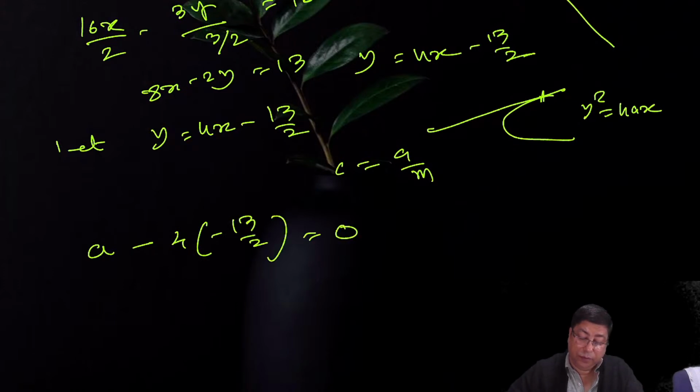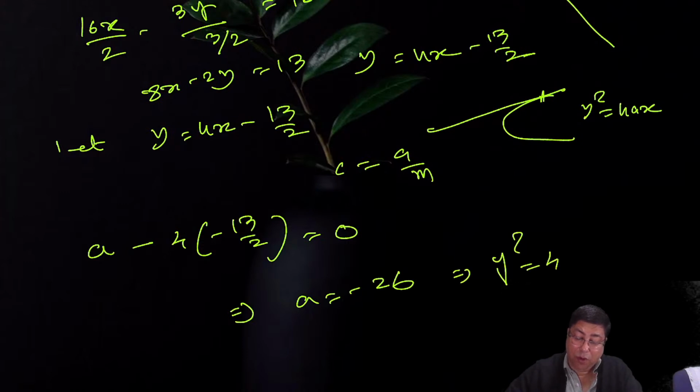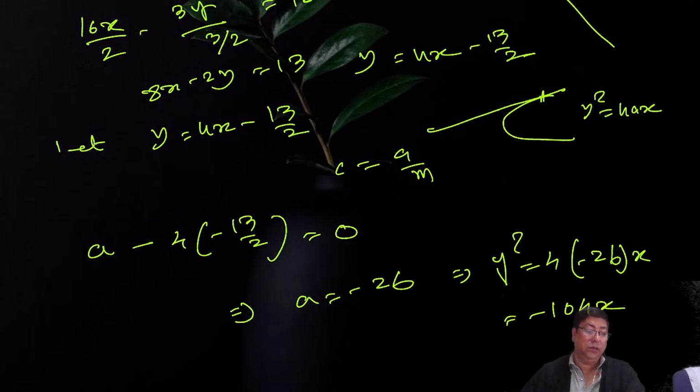It means a equal to minus 26. And the required equation of the parabola is y square equal to 4ax, 26 into 4 is 104, so y square equal to minus 104x. Let us go to the next sum.